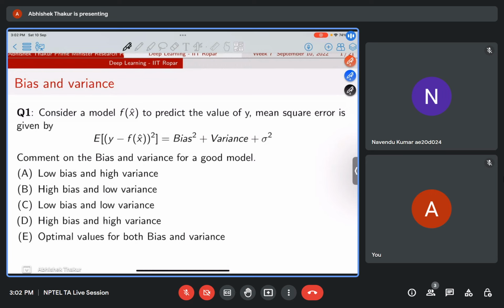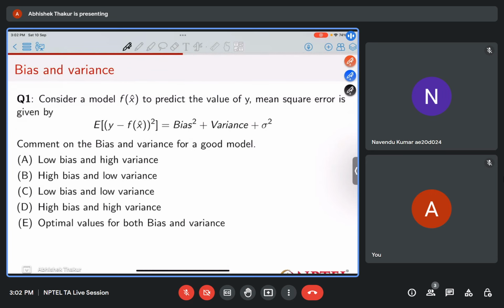So we'll start with the first question that is based on the bias and variance. In this question, it is given that there is a model f hat x to predict the value of y. The mean squared error is given as the expectation of y minus f hat x, squared.